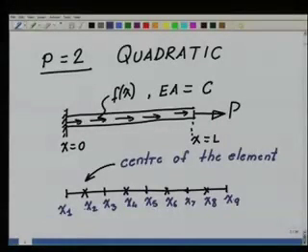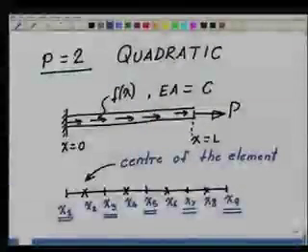What you should note is that the extremities of element 1 are the points x1 and x3. Extremities of element 2 are the points x3 and x5. Extremities of element 3 are the points x5 and x7. Extremities of element 4 are the points x7 and x9.